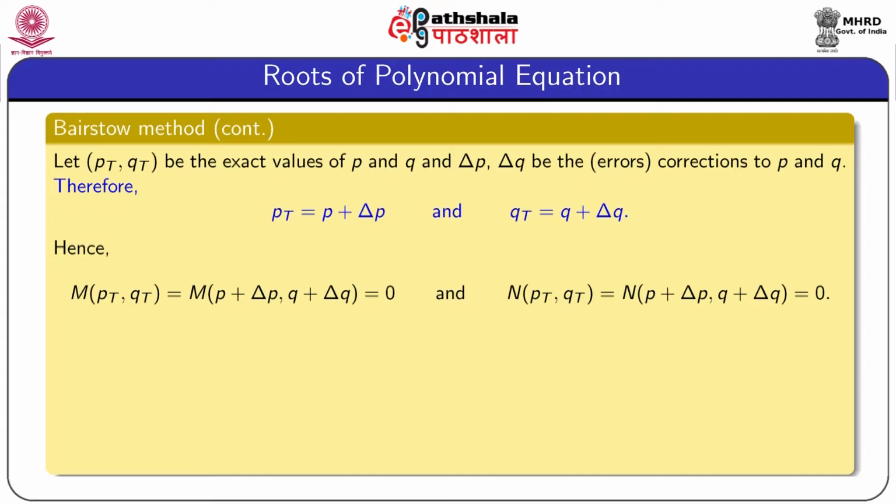Hence our aim is to find the values of delta p and delta q such that m of (pt, qt), which is equal to m of (p plus delta p, q plus delta q), equals 0, and similarly n of (pt, qt) equals 0.